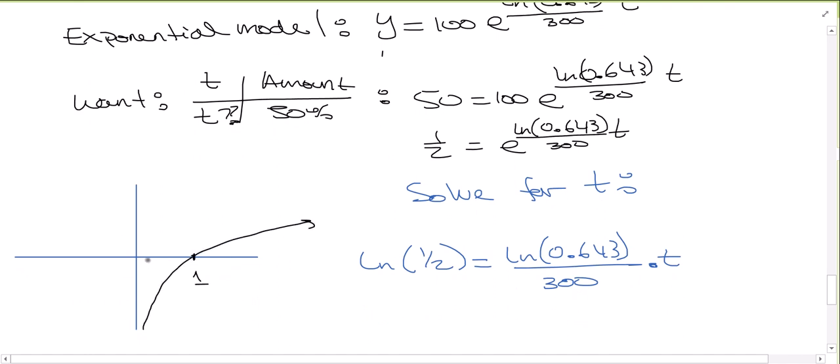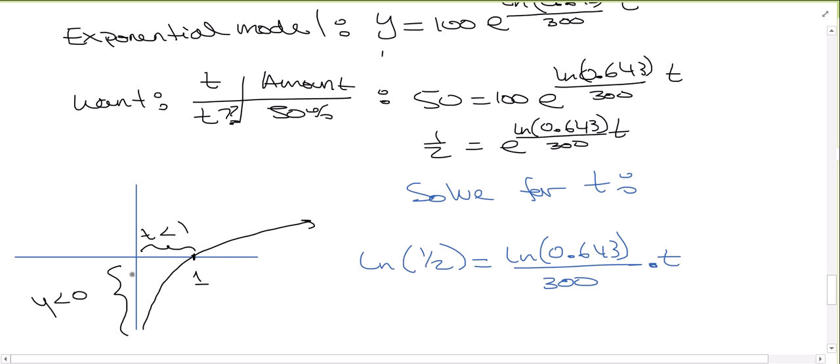So for x's that are less than 1, notice that the y values are negative. And so 0.643 is less than 1, so the natural log of 0.643 will be a negative value. And so that makes sense. Our k should be negative because we're talking about exponential decay.